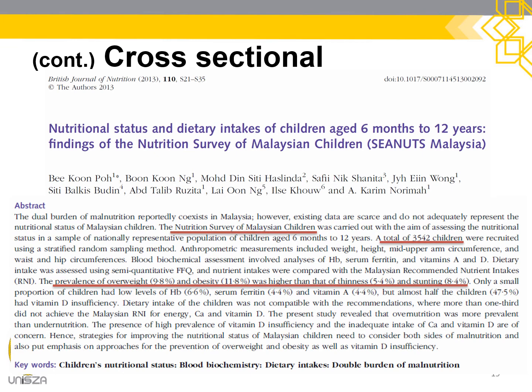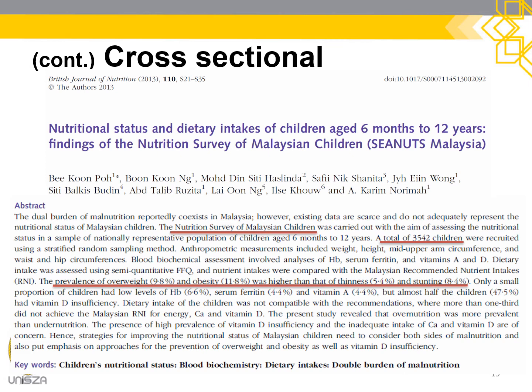So what we are looking at on the screen is an example of a cross-sectional study. The title of this paper is Nutritional Status and Dietary Intakes of Children aged 6 months to 12 years, findings from the Nutrition Survey of Malaysian Children, SEANUTS Malaysia, which was published in the British Journal of Nutrition in 2013.